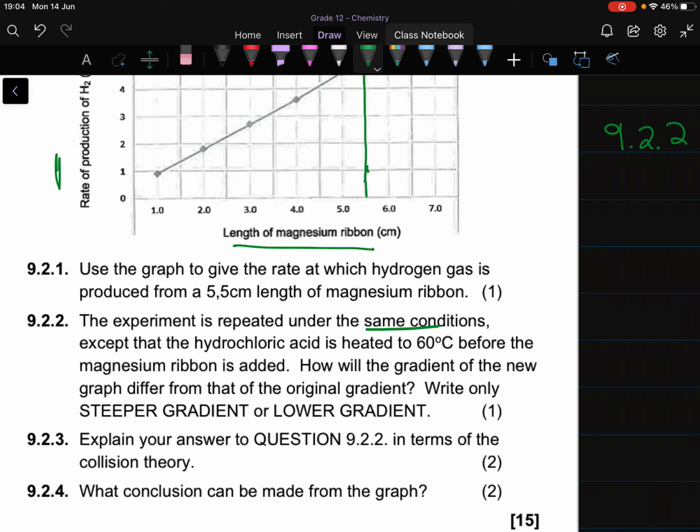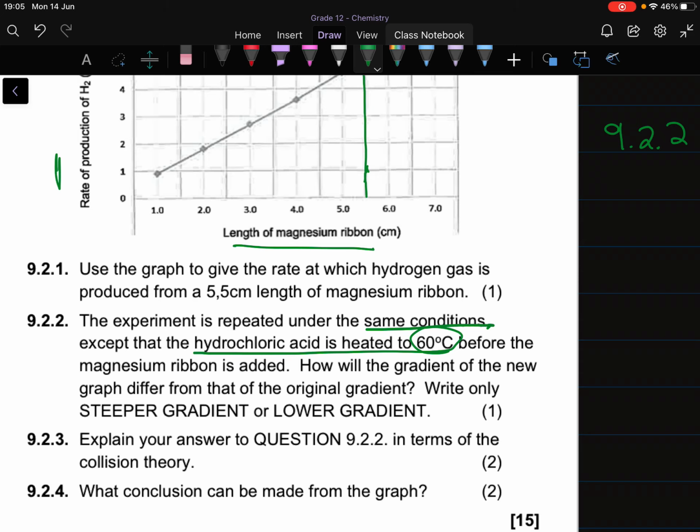Then, the experiment is repeated under the same conditions, except the hydrochloric acid is heated to 60 degrees before the ribbon is added. How will the gradient of the new graph differ from that of the original gradient? Well, if I increase the temperature, the reactions will go faster, okay?